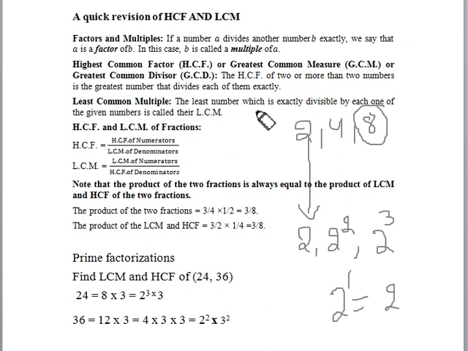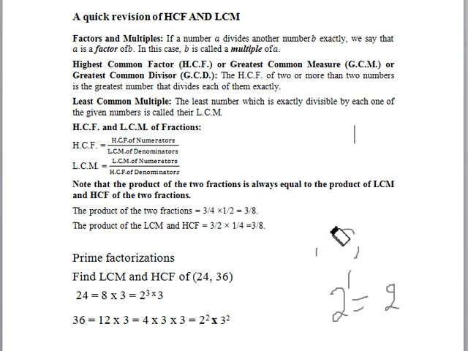Now 8 is divisible by 2, yes; by 4, yes; by 8, yes. That's how it is the least number. 16 can also be divided by 2, 4 and 8, but it is not the least multiple. 8 is the least multiple, right? Now we'll see the applications and some questions.